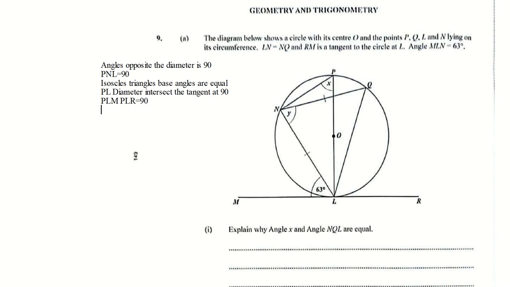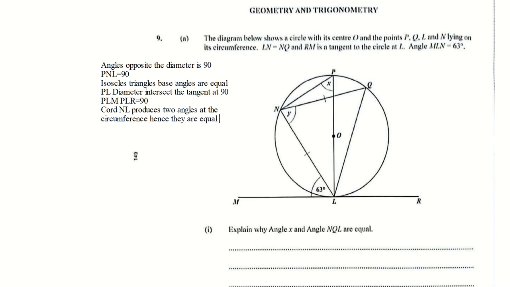Okay? Then we have, I'm seeing, a chord NL that produces two angles at the circumference, hence they are equal.